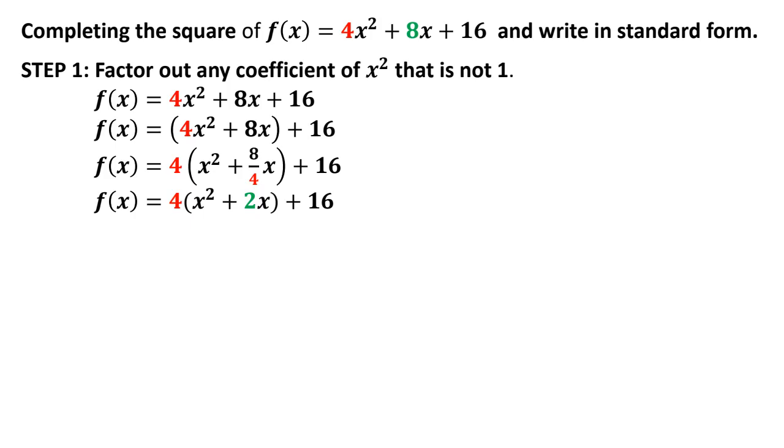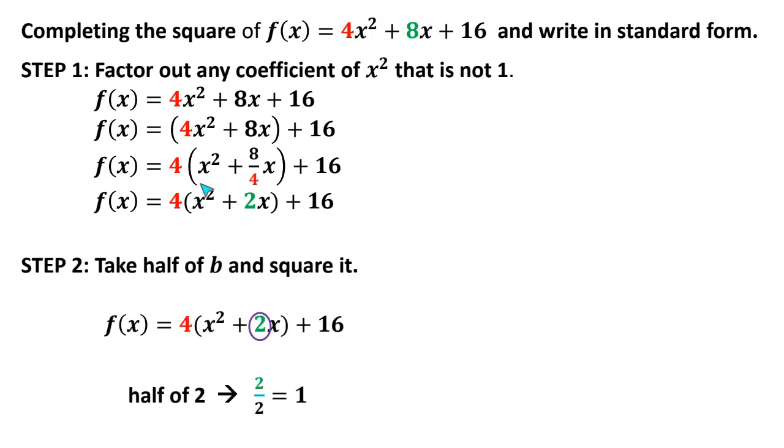And so then our next step, now that we have a 1 in front of the x squared, is we're going to take half of b. The number b is always going to be the number in front of x if it's written in general form. So half of that number is going to be 1. And then the next step is we're going to square it.